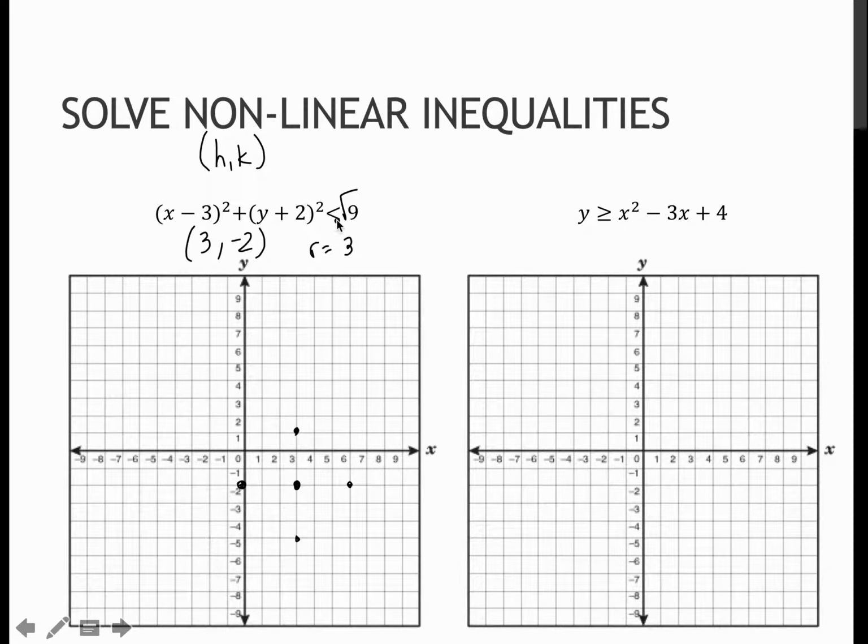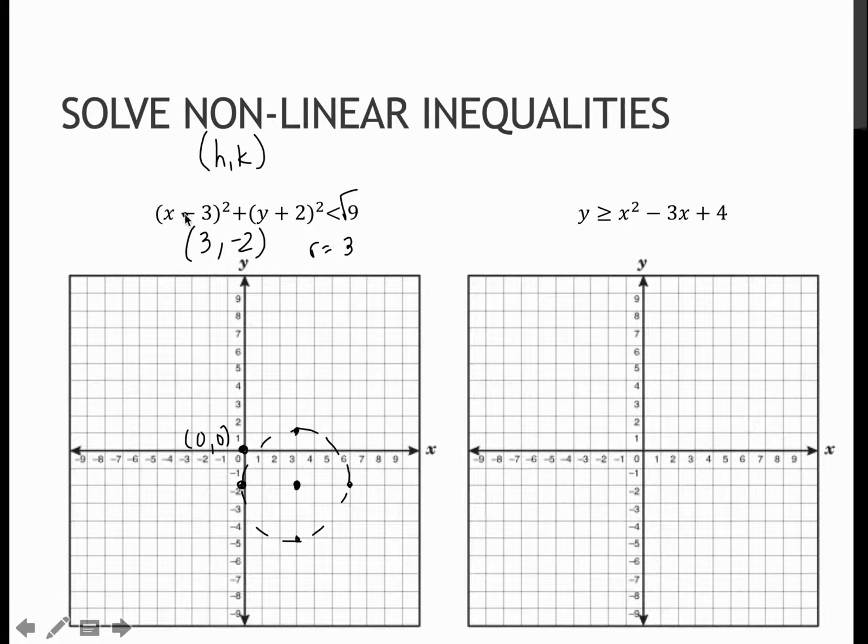Now from here, I do the same thing as before. Is it a solid line or dashed? Obviously this is dashed. When choosing a test point, I choose a point that is either inside the circle or clearly outside the circle. I'm going to choose 0, 0 because I'm fairly predictable in that way, and I want to do the easiest math possible.